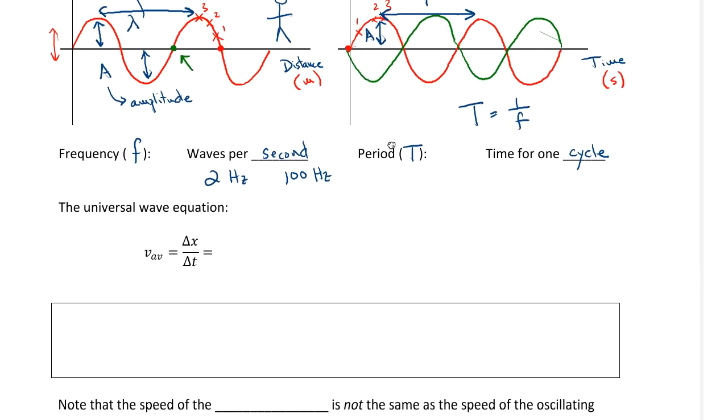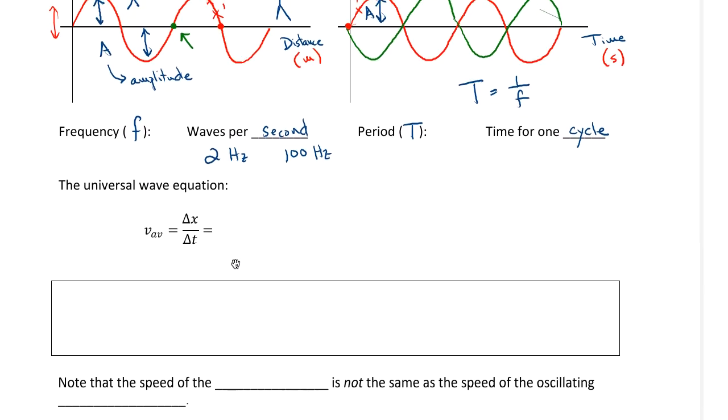Now that we've got the idea of frequency and wavelength, we can combine them to get what's known as the universal wave equation. So let's do a quick derivation. We know that average speed is equal to distance covered divided by time. So if you think about how much distance is going to be covered in one period of time, let's set the time to 1 period. By definition, 1 period is the amount of time for one cycle, or for one wavelength to pass.